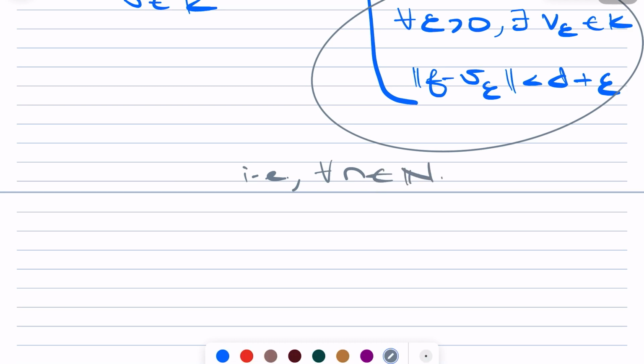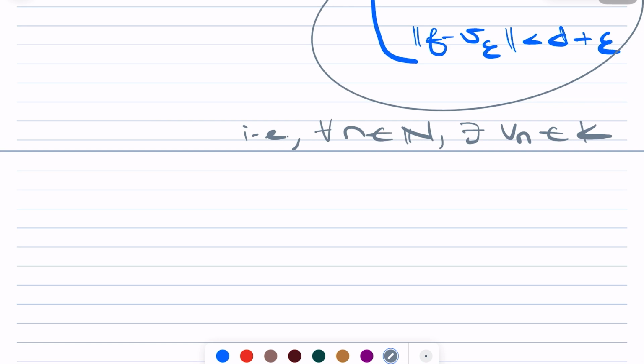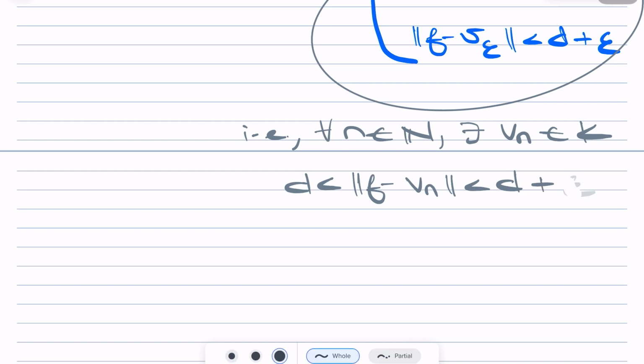There exists a v_n in K such that d is less than or equal to the norm of f minus v_n, which is less than d plus 1 over n, with n greater or equal than 1.